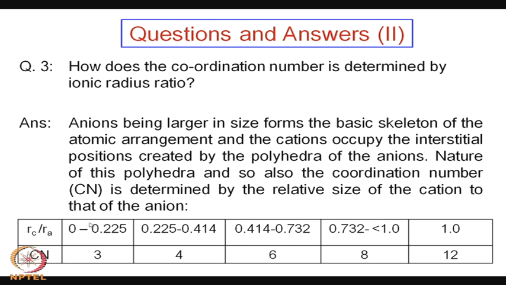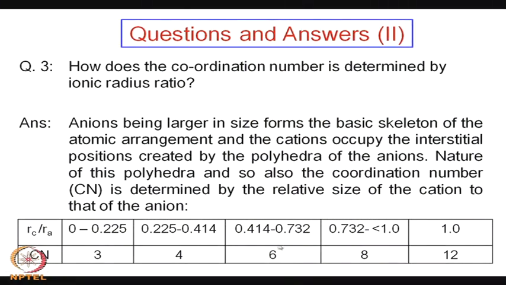So, if this is between 0 and 0.225, this becomes a 3-fold coordination. If it is between 0.225 to 0.414, it forms 4-fold coordination. Then if it is still larger, that means the cation size is relatively larger compared to the anion, then it goes to 6-fold coordination, then 8-fold coordination, and when it is exactly 1, both are equal, it forms a 12-fold coordination.